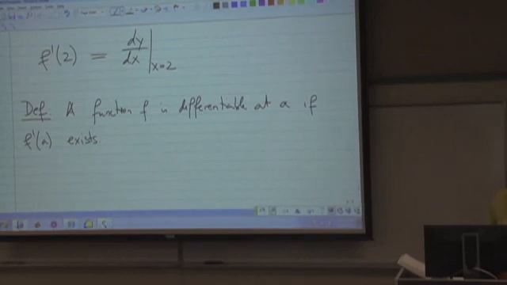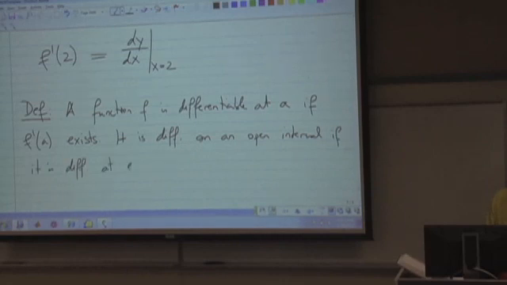Let's see. It is differentiable on an open interval, I should say, if it is differentiable at every point in the interval.